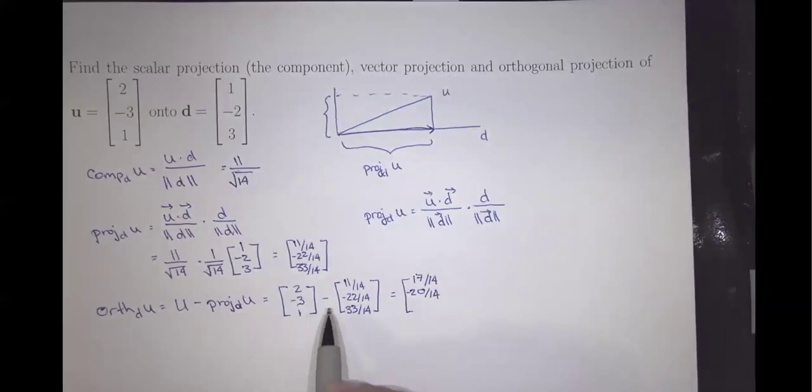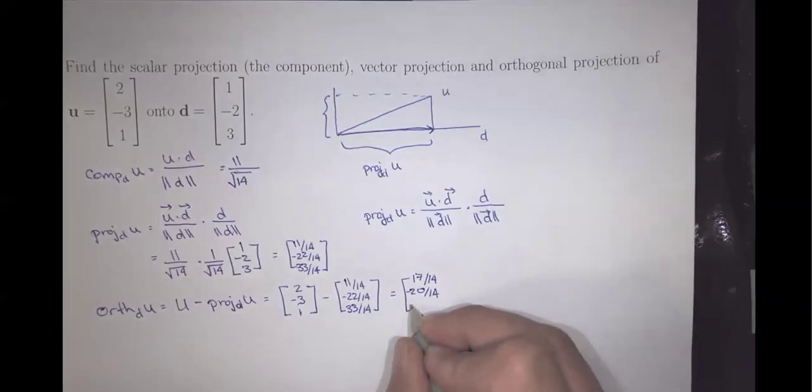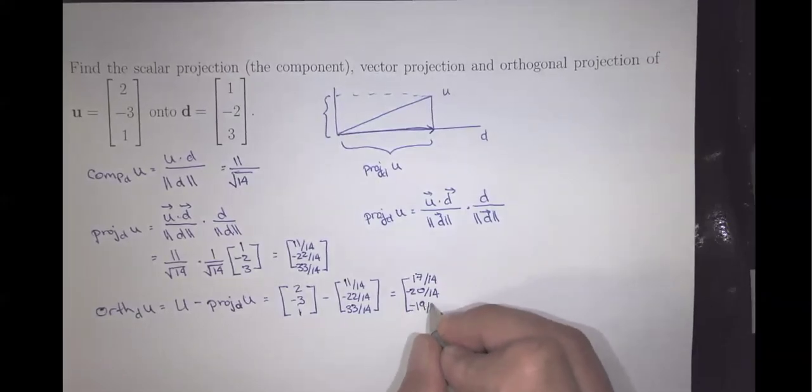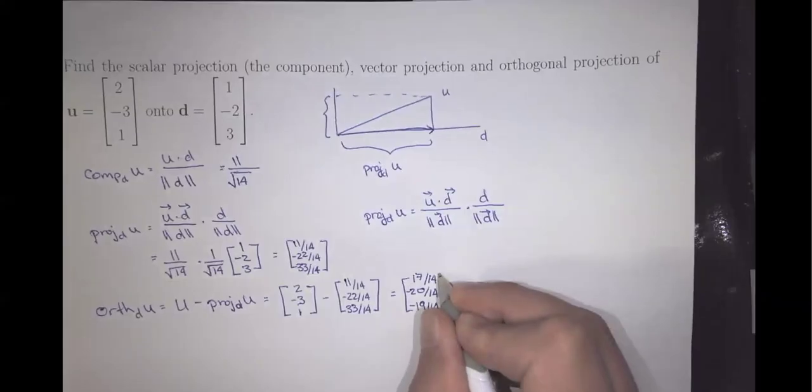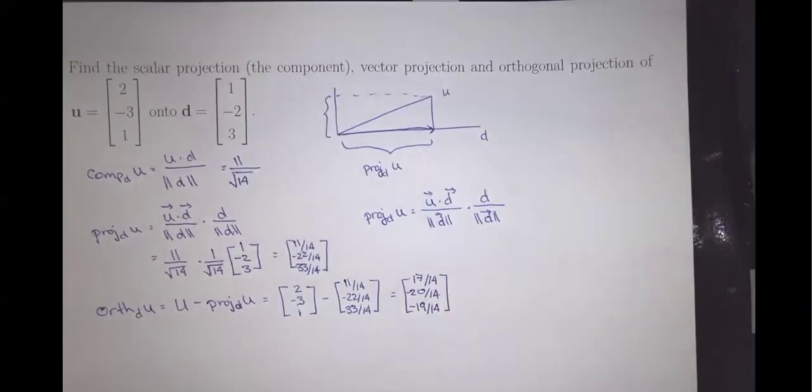And 1 is 14 minus 33 gives us -19/14. And so that's our orthogonal projection.